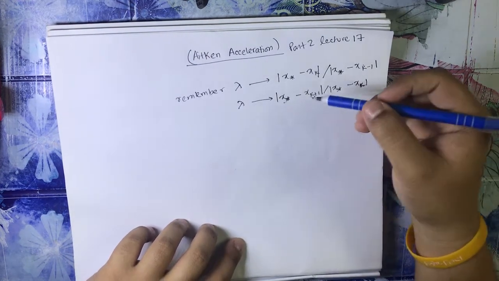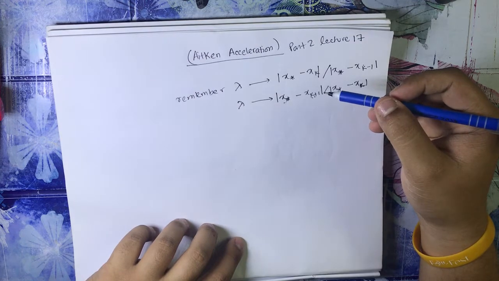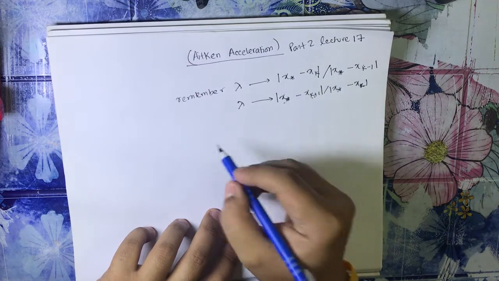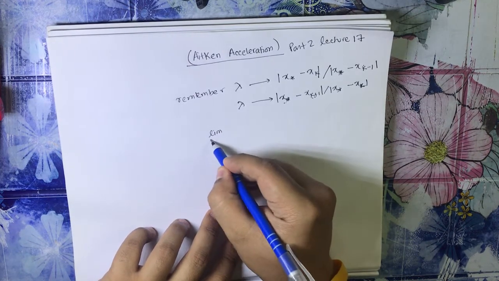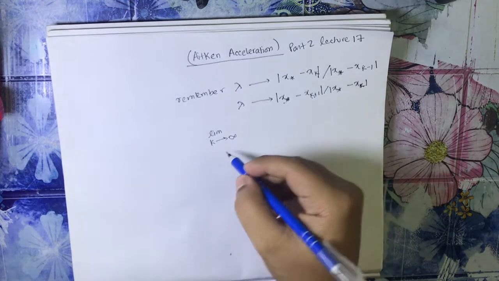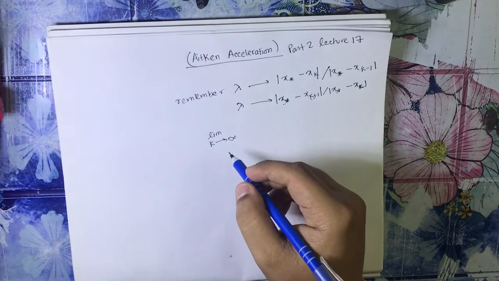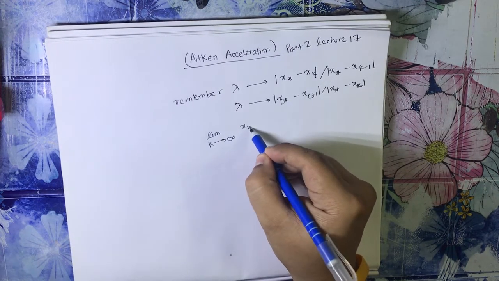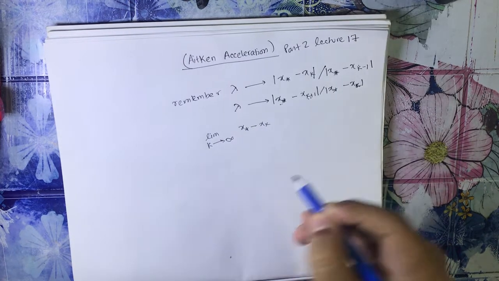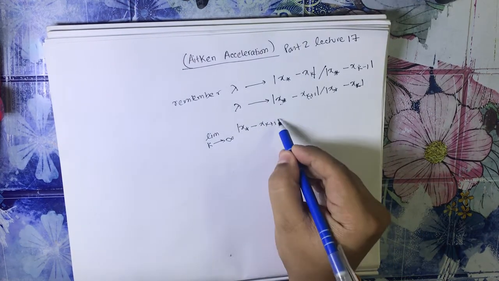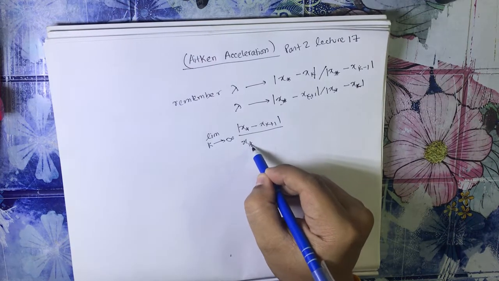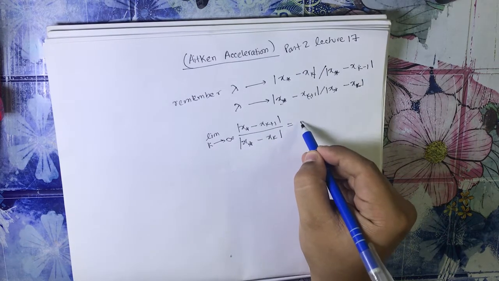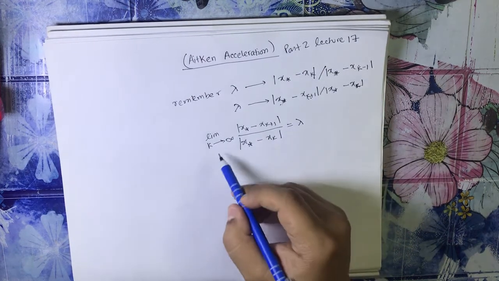Alright. So we know, for example, if I take my number of iterations to infinity, if I take my limit of k to infinity, where k is basically the number of iterations, then the modulus of x star minus xk plus 1 divided by x star minus xk will always be equal to lambda.